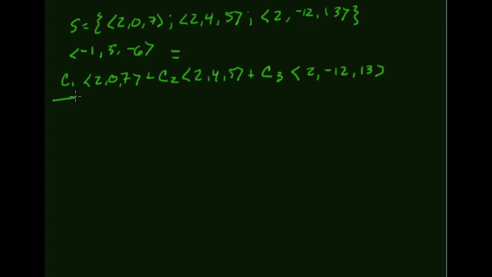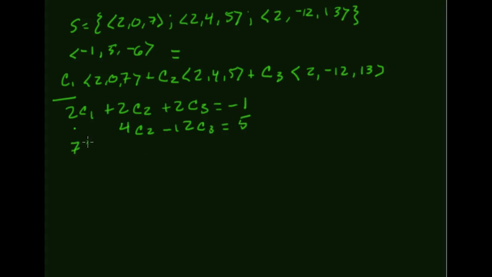So this could be viewed as a system of equations where we take 2 times C1 plus 2 times C2 plus 2 times C3, and we get negative 1. That's coming from the first component of each vector. And then we have 0 times C1 plus 4 times C2 minus 12 times C3, and we want that to be equal to 5.